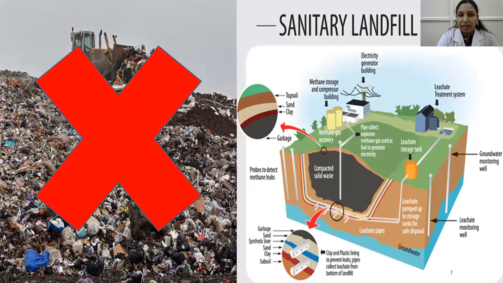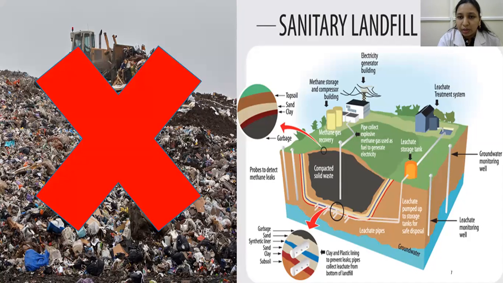If you see this sanitary landfill diagram, you can see that all the waste is compacted here, and there is a particular space between the groundwater and the waste, so that there is no leaking of the waste into the groundwater and there is no water pollution here.